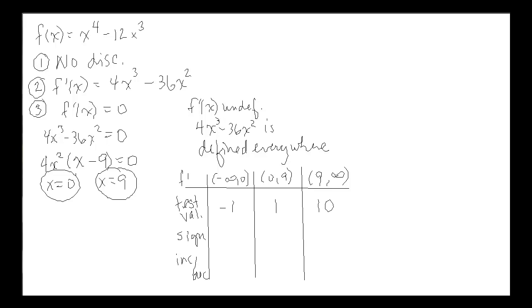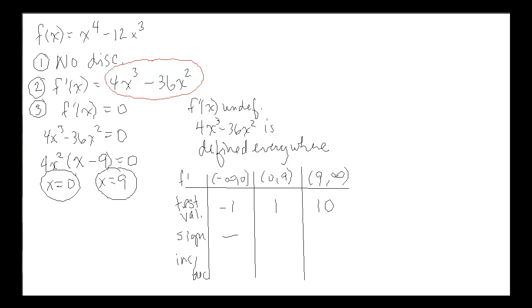So I want to plug this into, again, I'll circle our derivative, 4x cubed minus 36x squared. And you can crank out your calculator to do the test here, but let's see. So 4 times x cubed, it's going to be 4 times a negative number minus a negative number. That's going to be negative. And in fact, if you want to plug that in, it'll be negative 4 minus 36, which is negative 40.